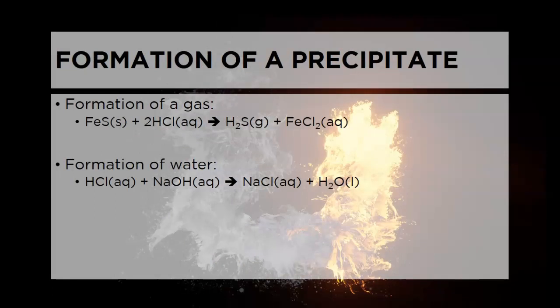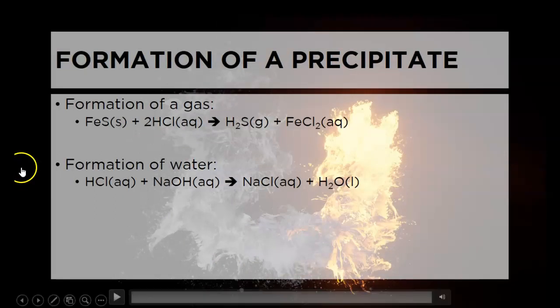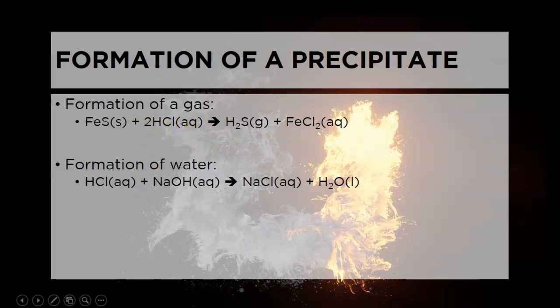Here we have an example of a formation of a gas from double displacement. We have iron 2 sulfide with hydrogen chloride. And a lot of times what helps with these double displacements, the inner ones will form together, and then the outer ones will form together. So here we have H and S making H2S, and then Fe and Cl making FeCl2. We can also have water form.